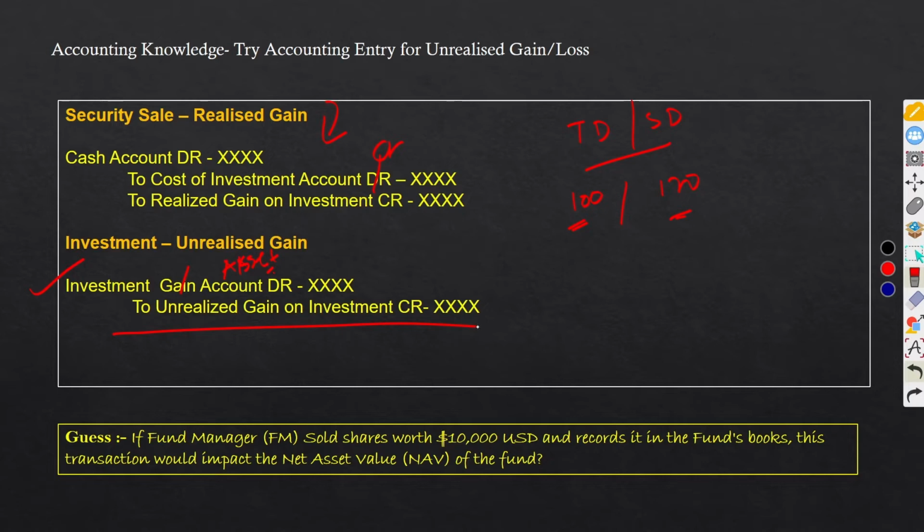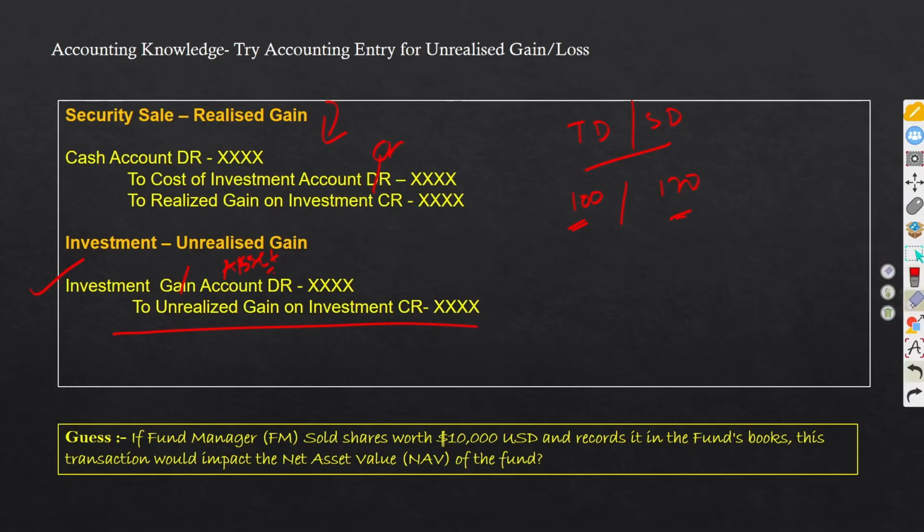So check it carefully. Don't directly apply my same logic, because every system has different modifications or specifications, so you may see changes in the language, but the base never changes. So you can take this as a base and apply it on the basis of your system requirement. All right.